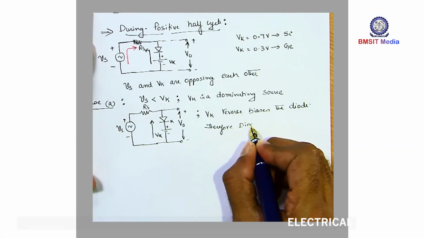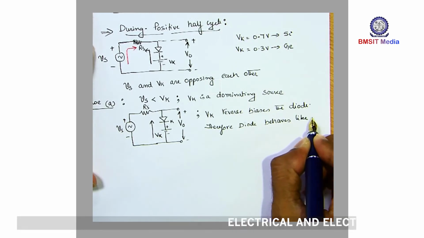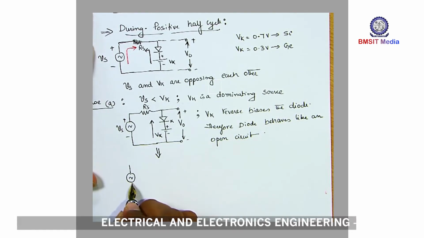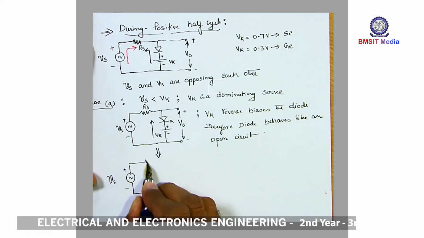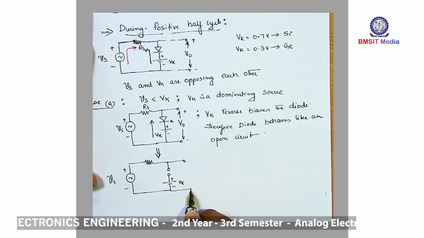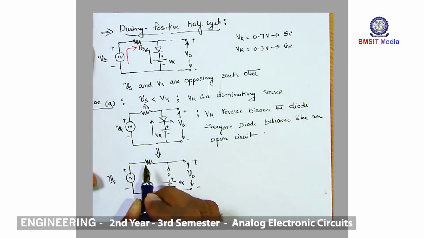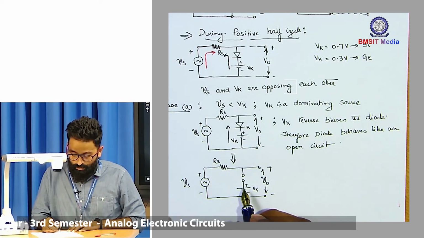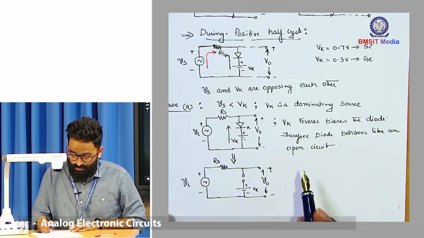Therefore, the diode behaves like an open circuit. Hence, you can draw the equivalent circuit: just open up the diode terminals, retain the Vk connection as it is, and measure the output voltage.